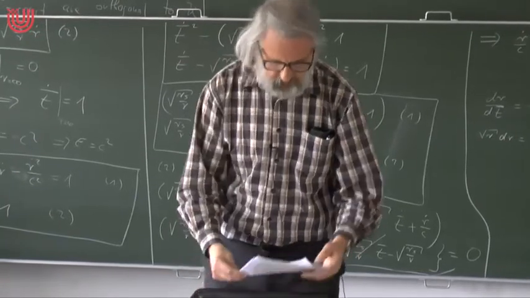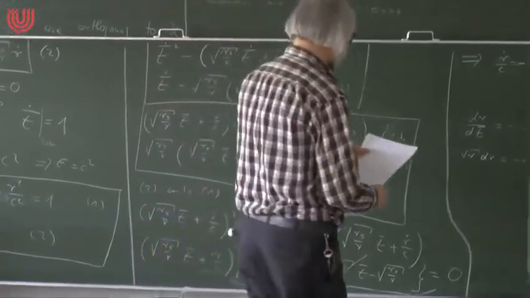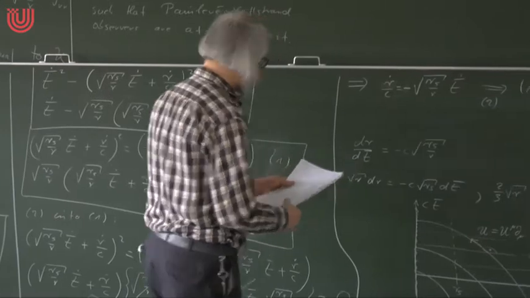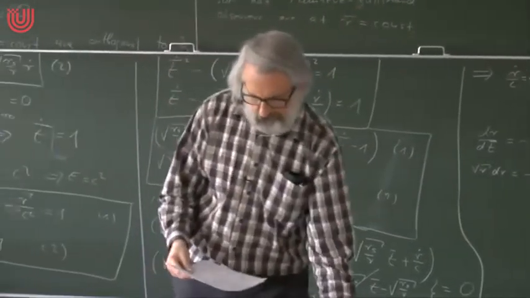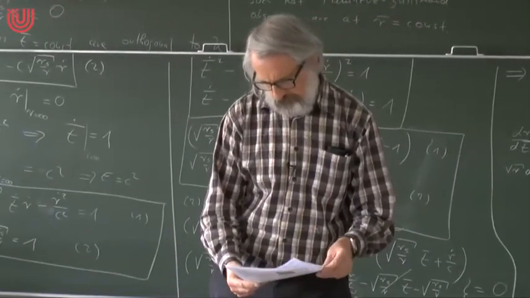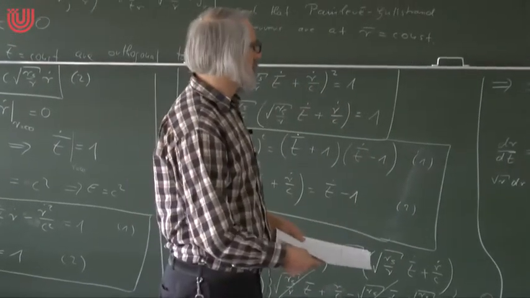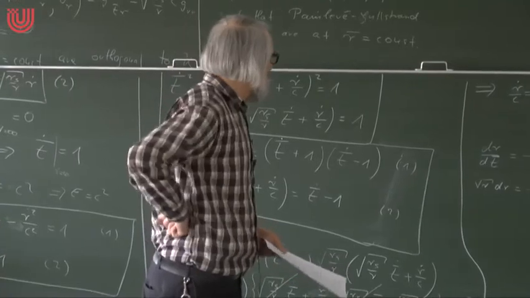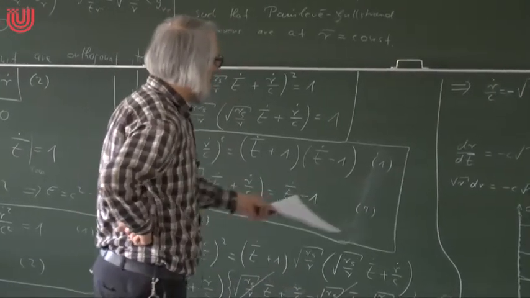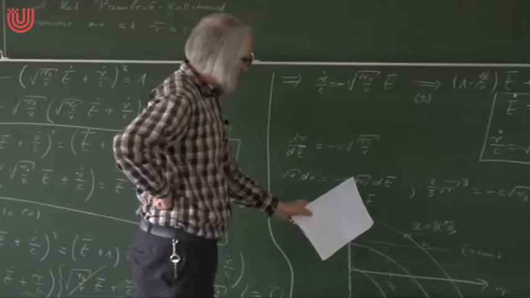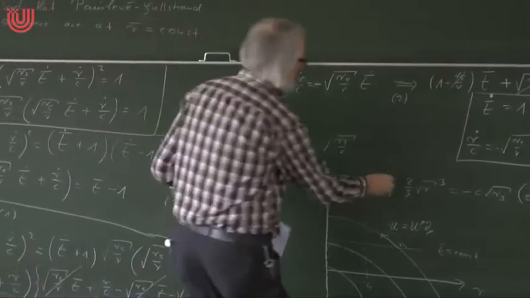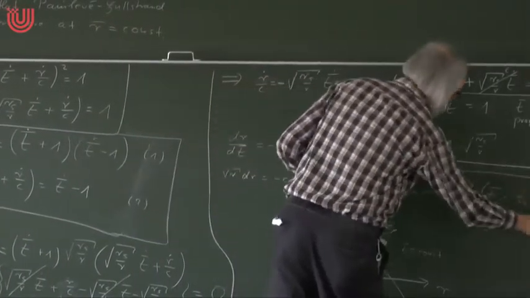Do I have to integrate this? I'm afraid I have to integrate this. But I have already integrated it, right? I have written these curves and here it is. That's what I was looking for.